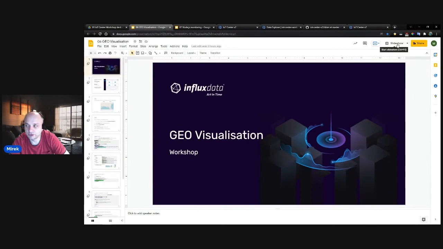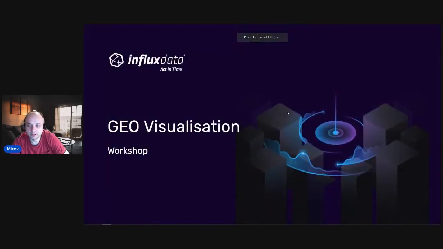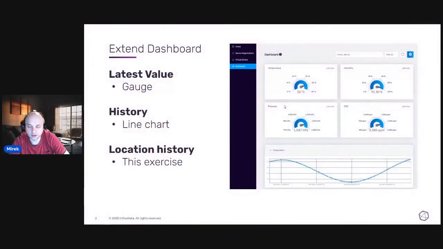And now we've got the second practical part, which is the adding of the visualization into IoT Center. Currently, if you remember, in the dashboard, we have the current values and we have historical values. But we don't show the location history that is also supported by IoT Center, that even the virtual device is providing, but we don't see it in the dashboard.